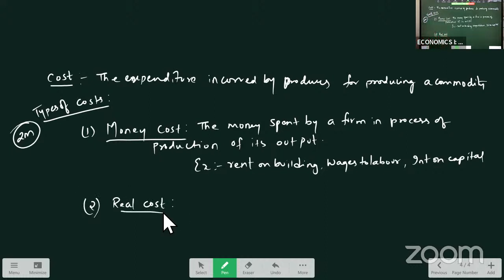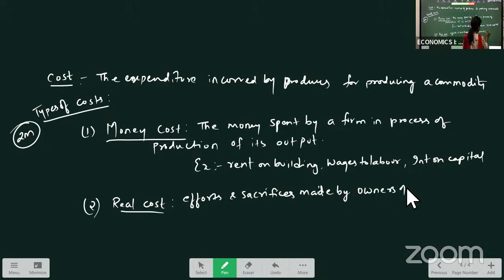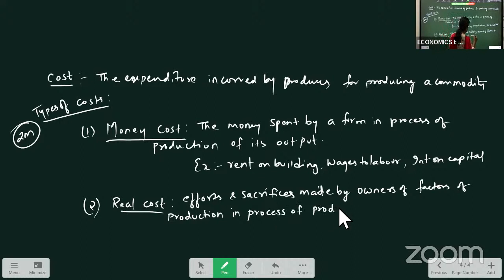Real cost is the efforts and sacrifices made by owners of factors of production in the process of production activity.